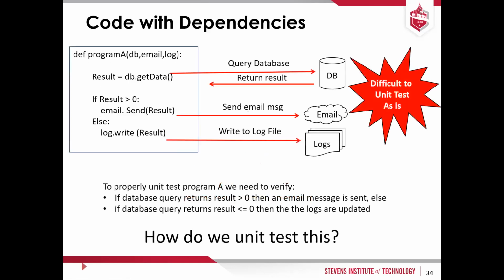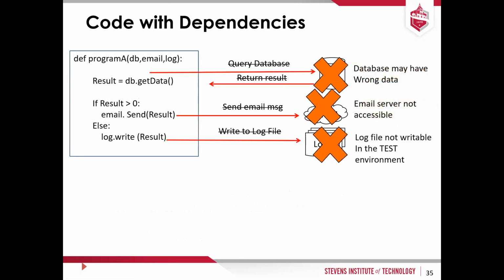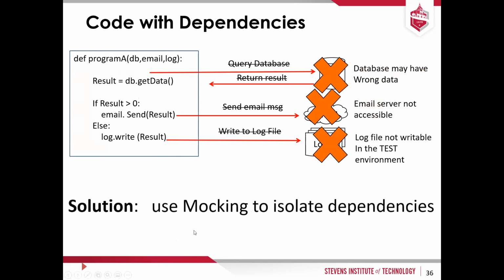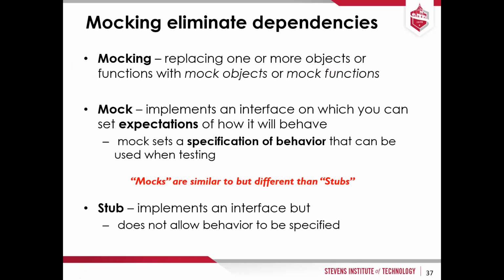What do I do for that? For going through that type of situation, we need to reduce the dependencies, right? For reducing the dependencies, the solution is something we call mocking. That makes my testing environment isolated from the development environment. So if something changes, I won't have any problem in the test.